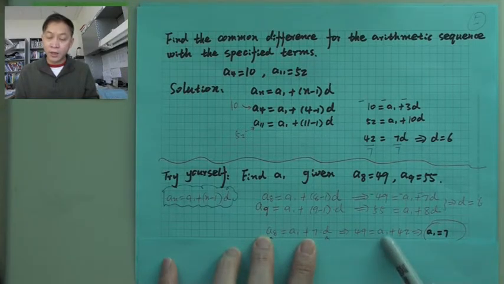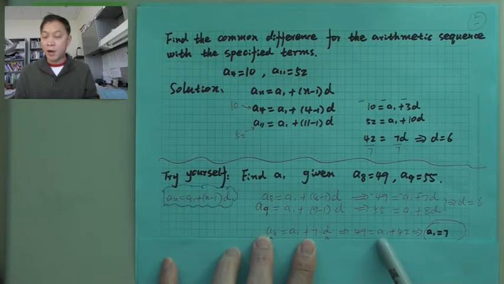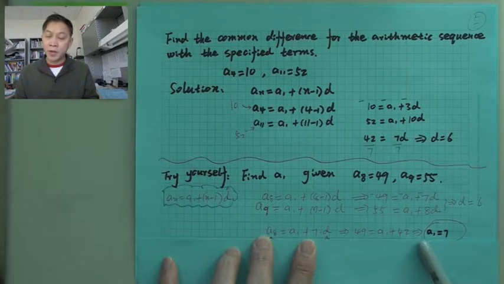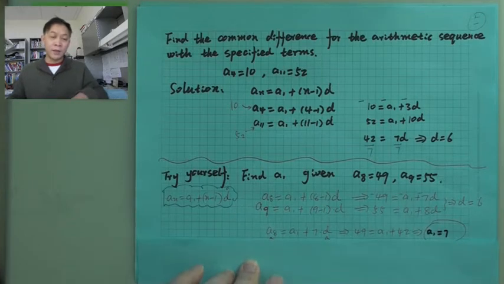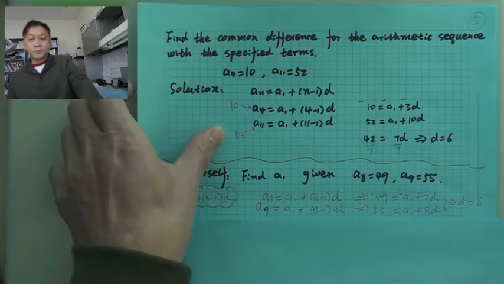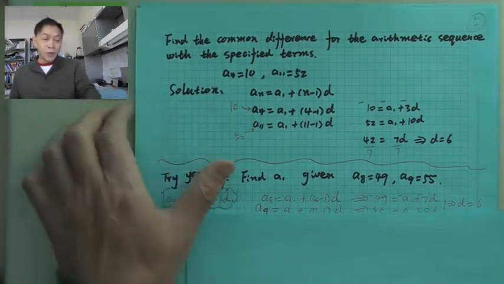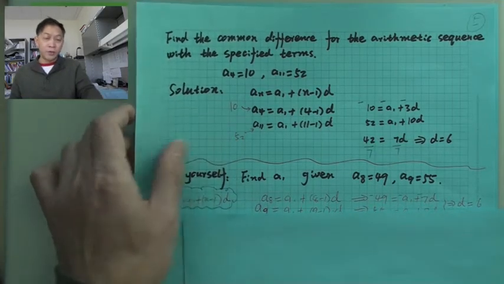In this case it's easy to solve for A1: 49 equals A1 plus 42. Then apparently A1 has to be 7, since 7 plus 42 is 49. You try it yourself. Actually, I did it for you. I want you to think over this one.